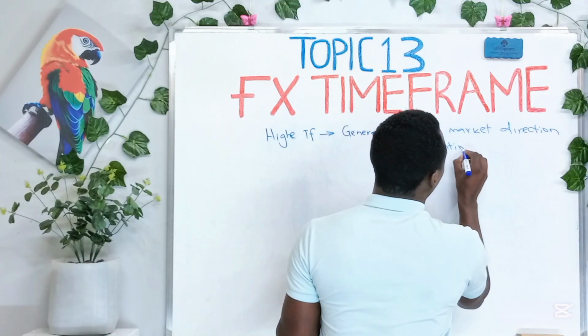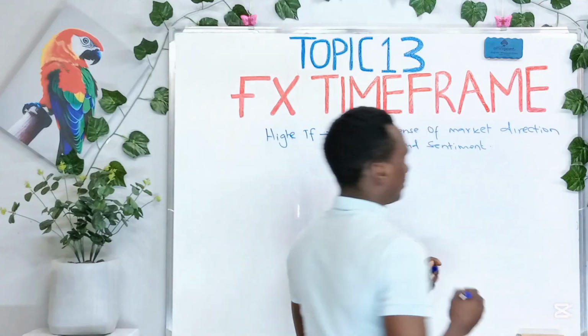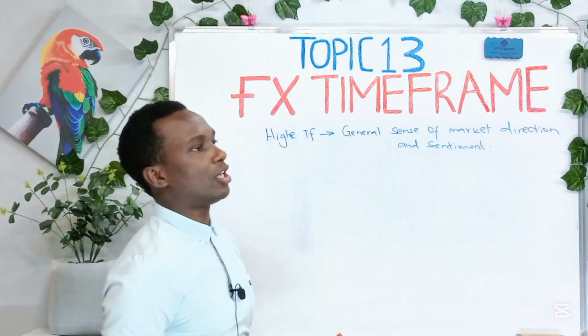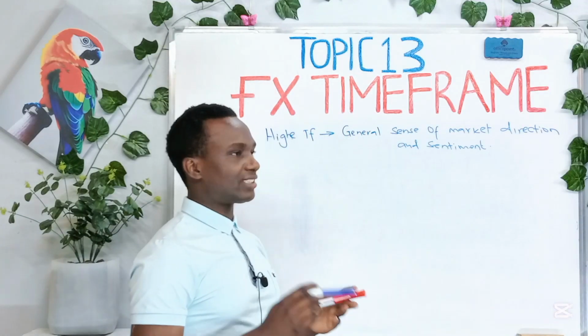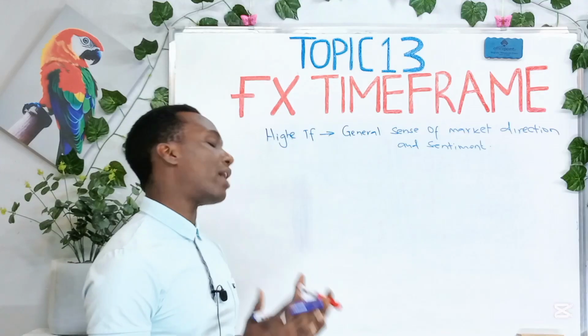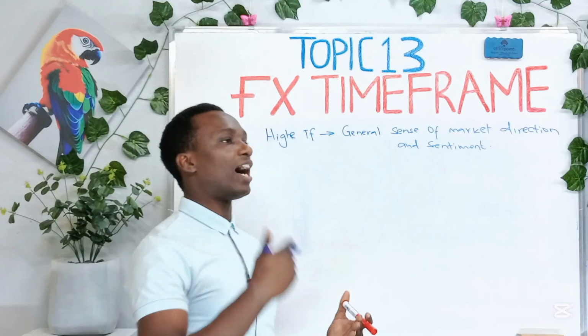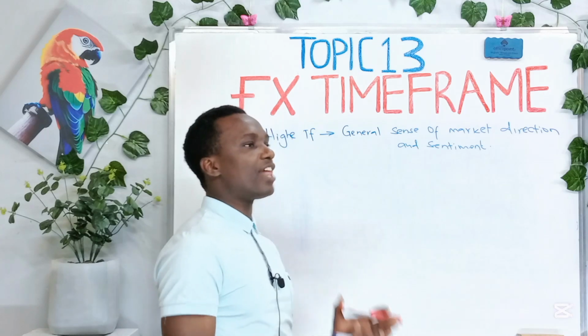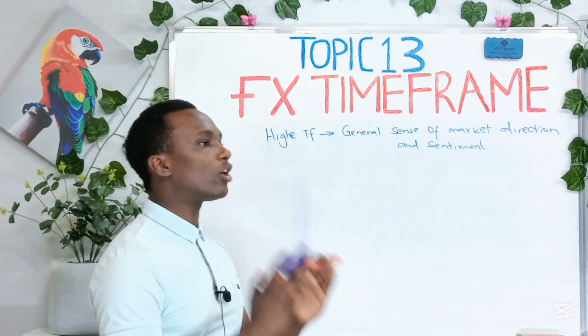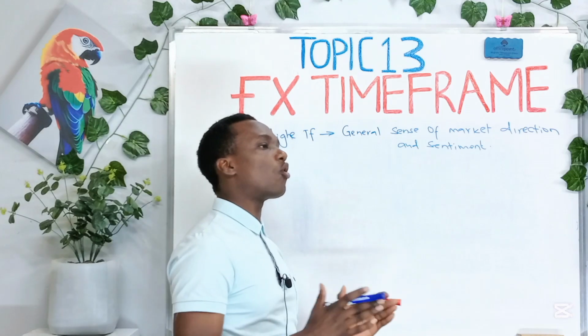Is that right? So traders try to establish a directional bias, either long or short or neutral, on higher time frames, and then look for specific trading opportunities in the lower time frames.